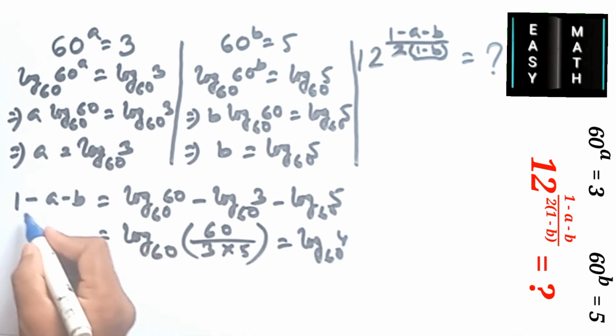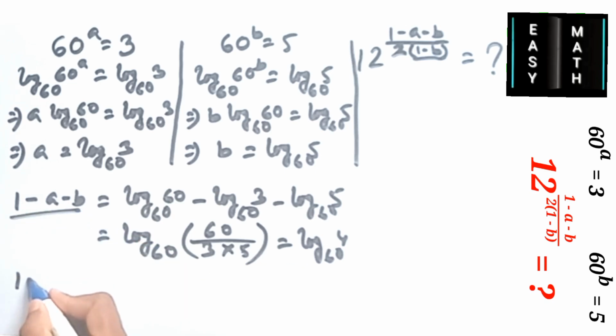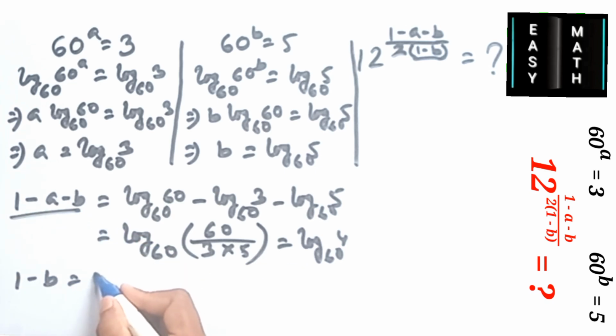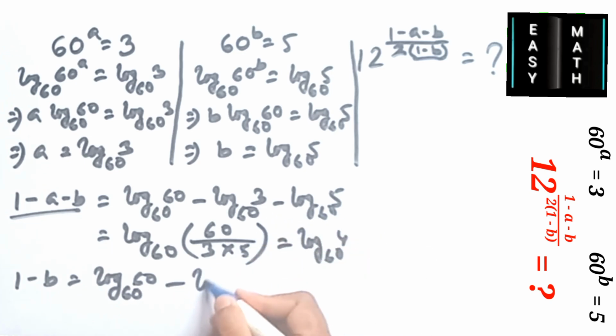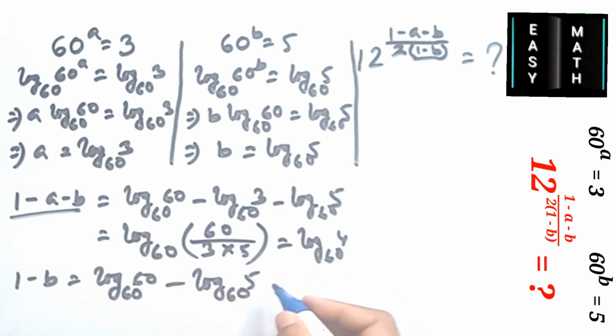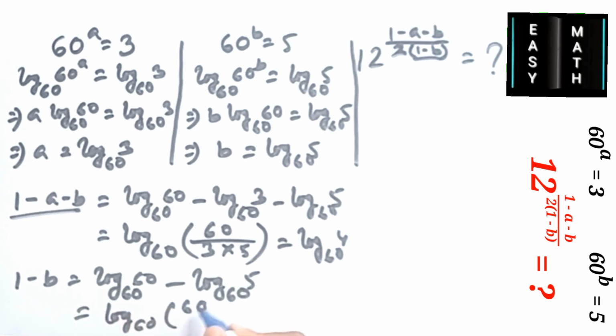You can write this value as 1 minus b, again the 1 is log base 60 of 60, and this is b, we can write log 65. Similarly we take the log base 60, minus 5, and 5 cut to 12, so the log 60 is 12.